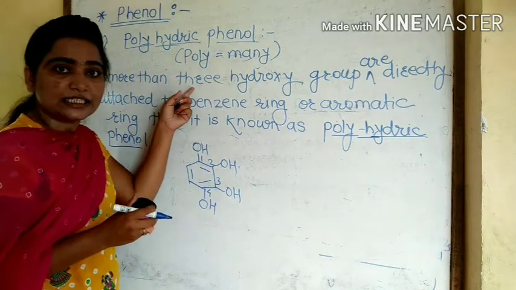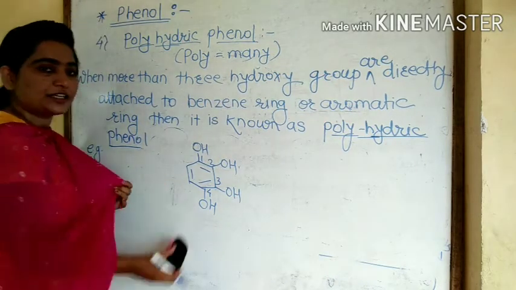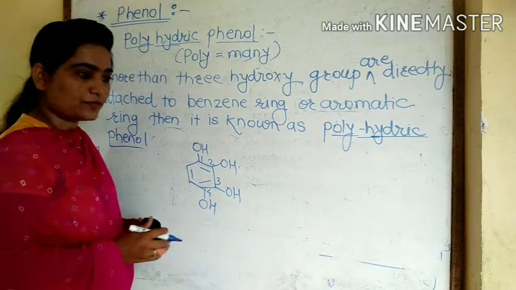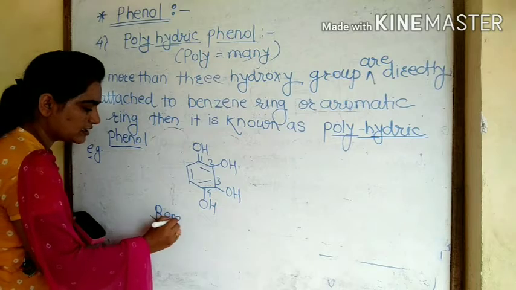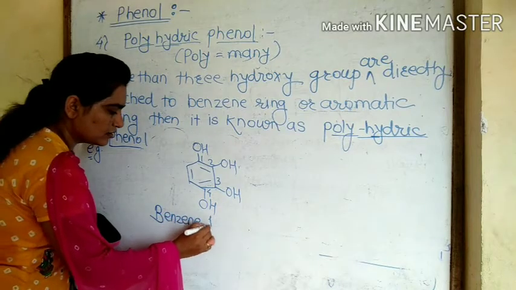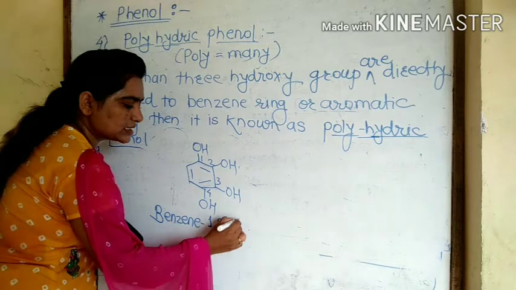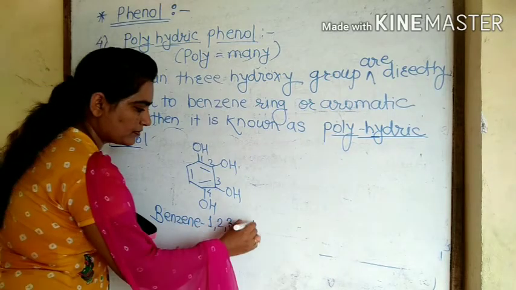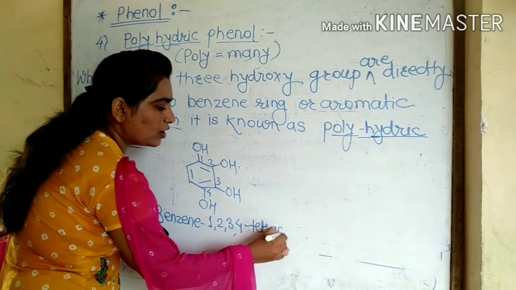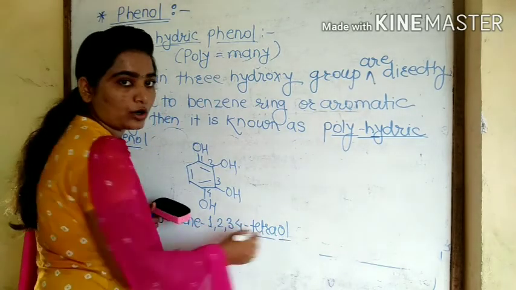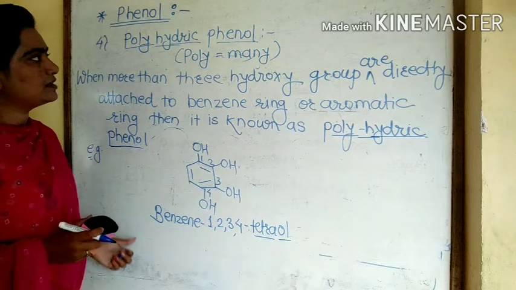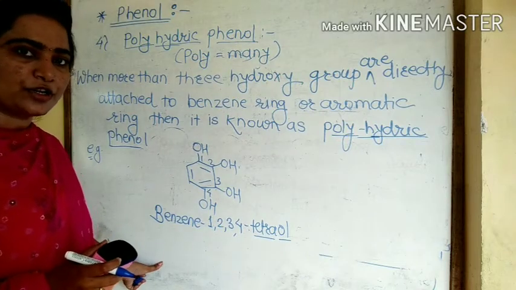It is more than 3. Therefore, it is the example of polyhydric phenol. So what is the name of this compound? Benzene-1,2,3,4-tetraol. Tetra means 4. Okay. In this way, we see the classification of phenol.